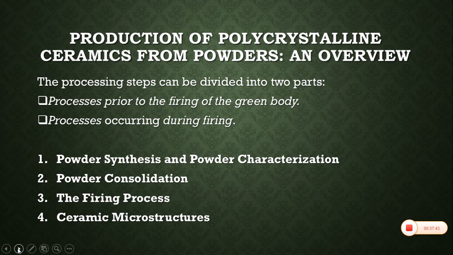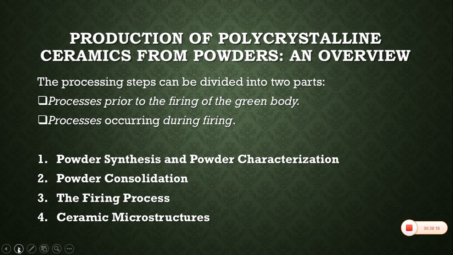Now if we summarize the whole production method, the whole fabrication process, we see in the flowchart that the fabrication of ceramics from powders involves a number of steps, but majorly we can divide the processing steps into two parts: processes that occur before firing or sintering of the green body, and those that occur after the sintering.